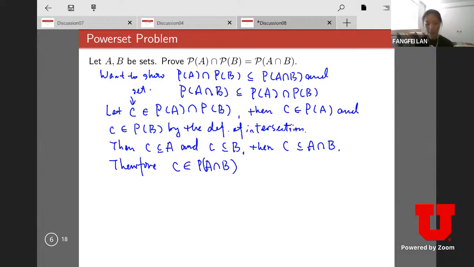So C is an element in the power set of A intersect B. So we have proved the first part, from left to right: the intersection of the power sets is a subset of the power set of the intersection.